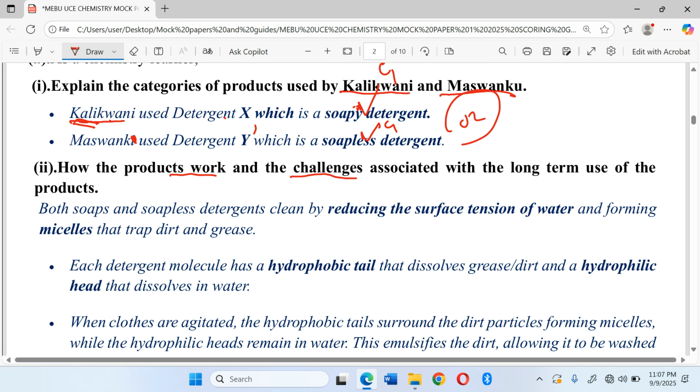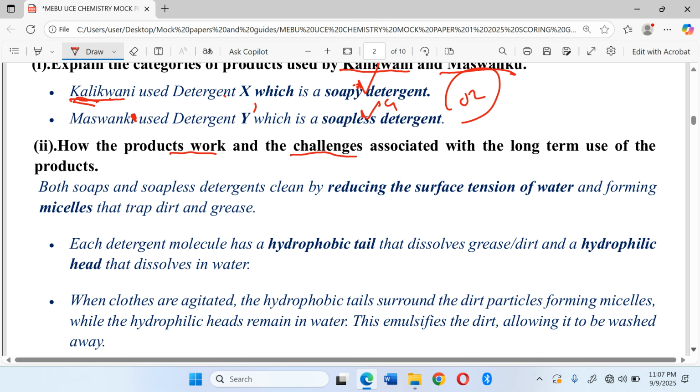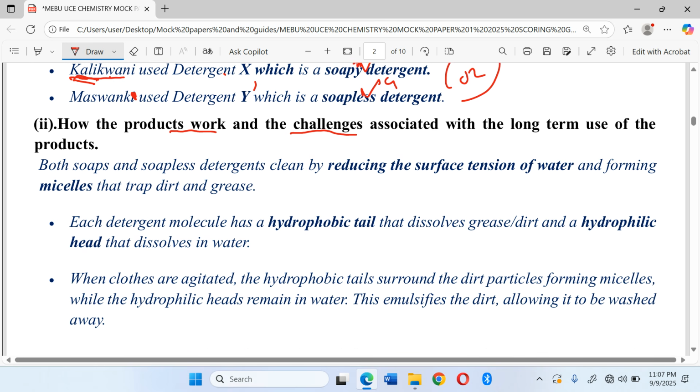When we ask how the product works and we are looking at detergents, they want us to talk about the cleansing action. So in this case we are going to look at the cleansing action of soapy and soapless detergent. And I believe by now we know that the cleansing action of soapy and soapless detergent is the same.